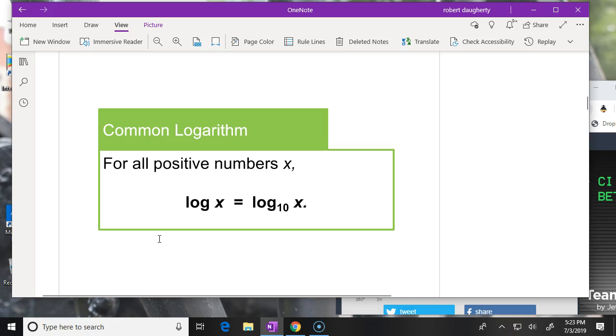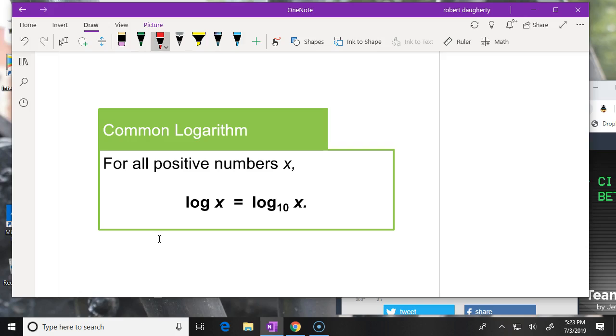So just to make sure that we know, anytime you see log of x, that means log base 10 of x. Anytime you see the word log and you see any kind of expression and there is no base, it is assumed that that base is 10.